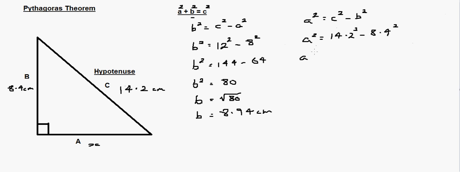So A squared equals, now 14.2 squared gives me 201.64. So this is 201.64 minus, now I've got to have 8.4 squared, and we square this, and we get 70.56.